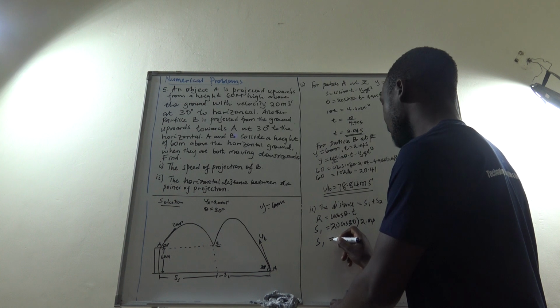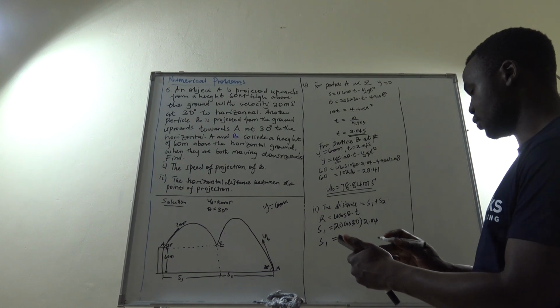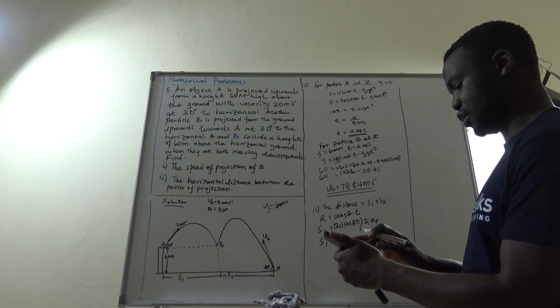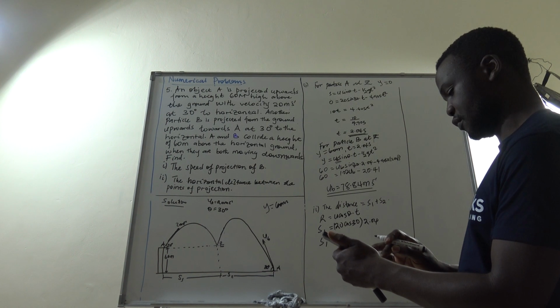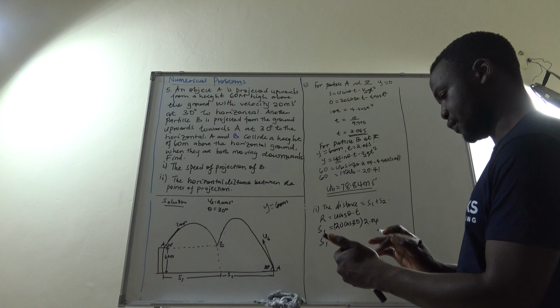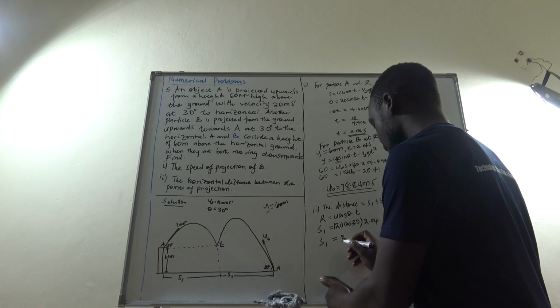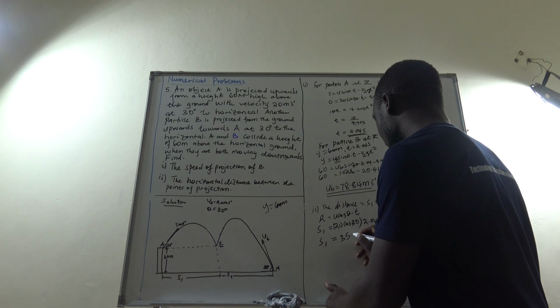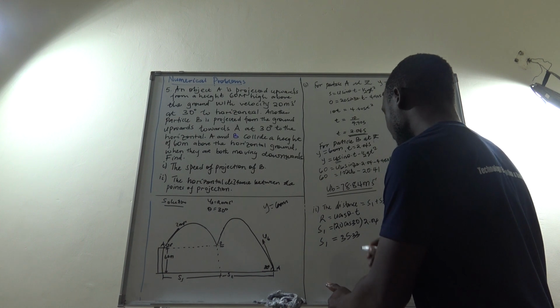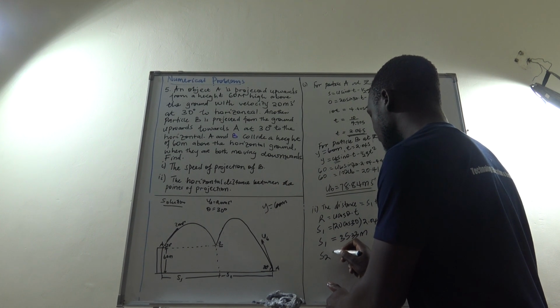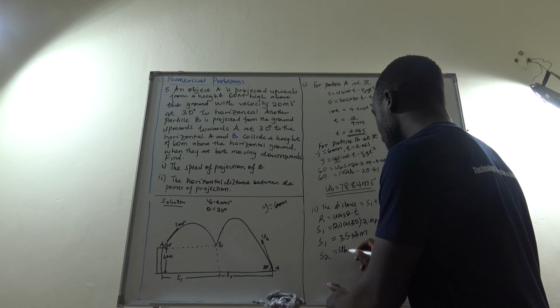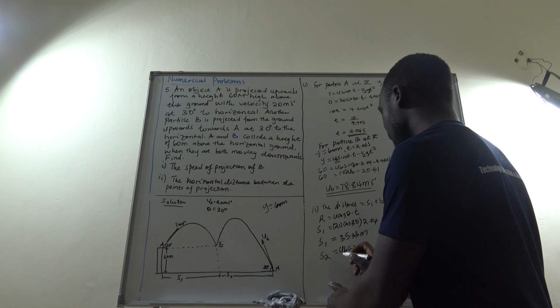Therefore, I compute 20 cos 30 times 2.04. So S1 gives me 35.55 meters.